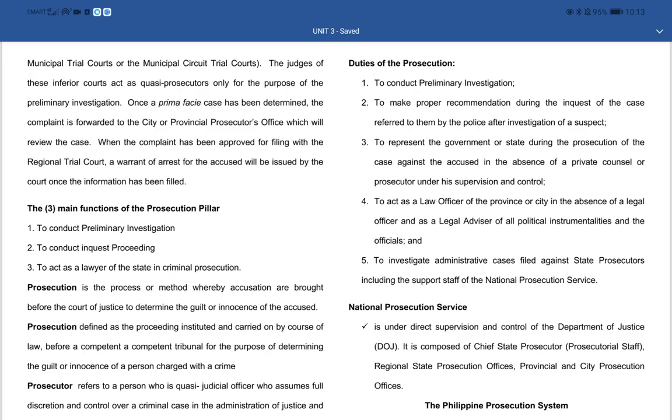Meaning, he or she will determine the probable cause. If there is no probable cause, or the prosecutor sees a lack of evidence, or the evidence is not sufficient, the prosecutor will dismiss the case and will not proceed to preliminary investigation.